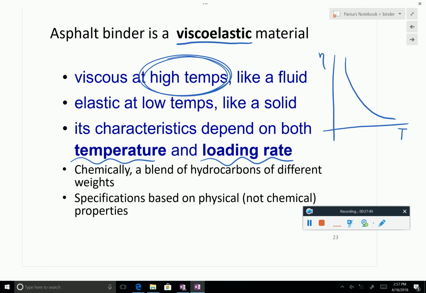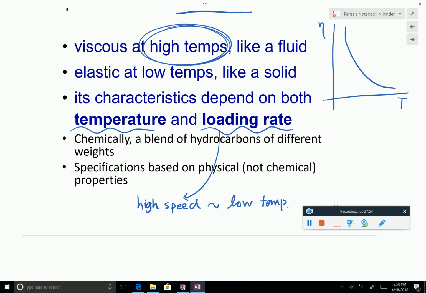It goes to the dynamic loading, so just know that if the highest speed, it is almost like low temperature in terms of how it affects the behavior of the material. High speed means high loading rate. Since we mostly use this for pavement, it translates to a truck which is driving very fast. And vice versa, of course. If you have low, this behaves like high temperature. Okay.